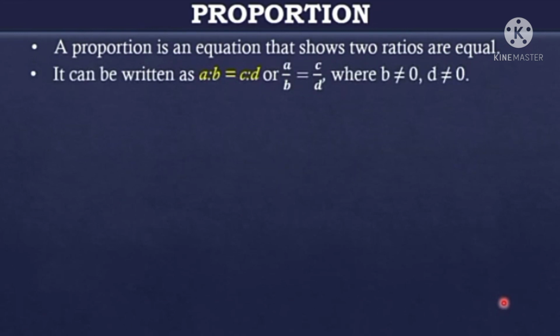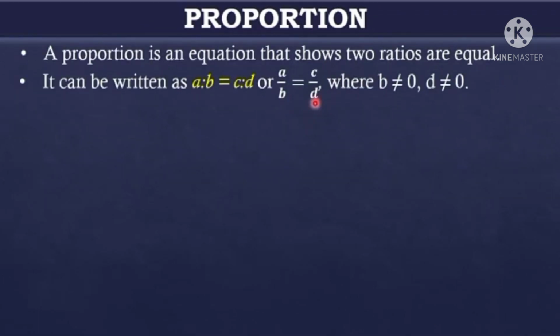It can be written as A is to B as C is to D, or A over B is equal to C over D. So it can be in colon form or also in fraction form. You may read this as A is to B as C is to D, or A over B is equal to C over D.